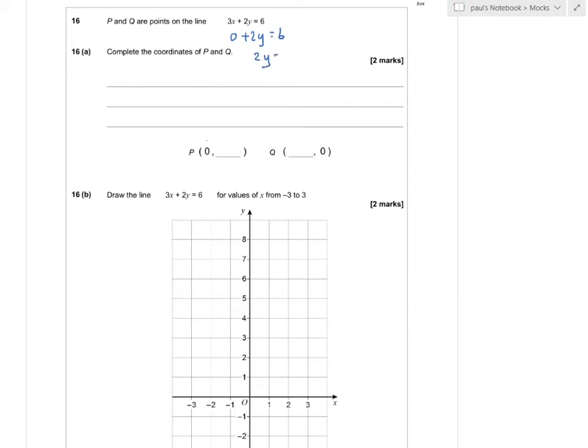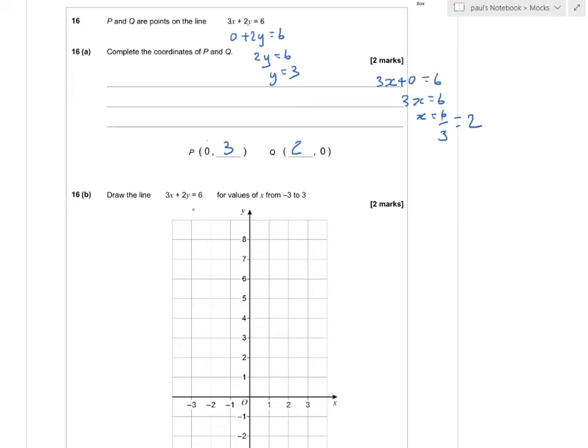So 2y equals 6, so y equals 6 divided by 2, which is 3. And when y is 0, we've got 3x plus 2 times 0 is 0, equals 6. So 3x equals 6, so x equals 6 divided by 3, which is 2.